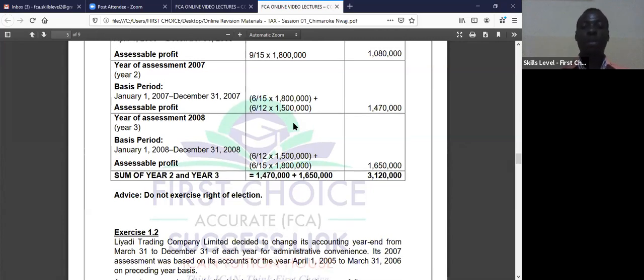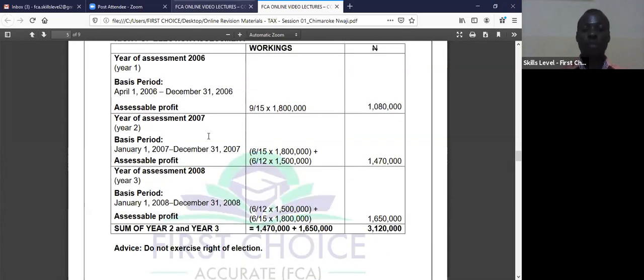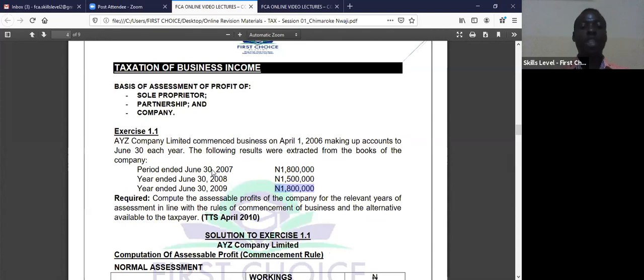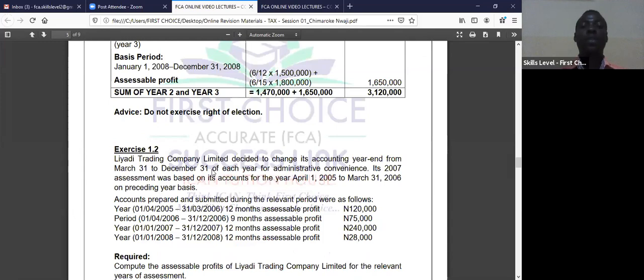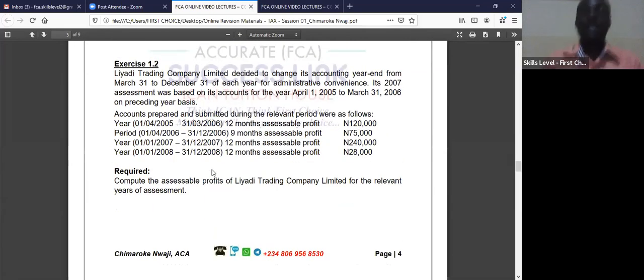So the second question will now be on the change of accounting dates. When a company is changing its accounting date, there are principles it follows. Leah, the trading company, decided to change its accounting year end from March 31 to December 31 of each year for administrative convenience.